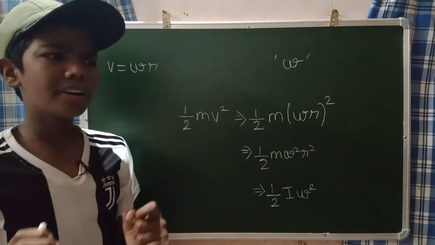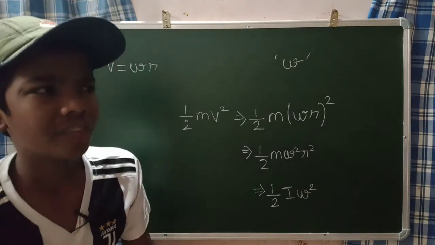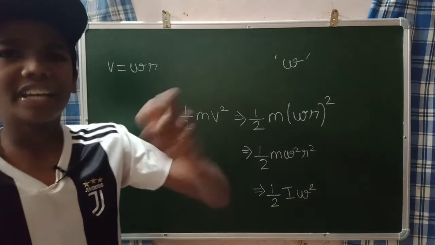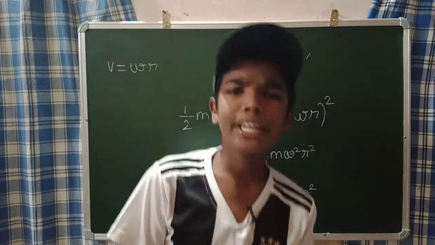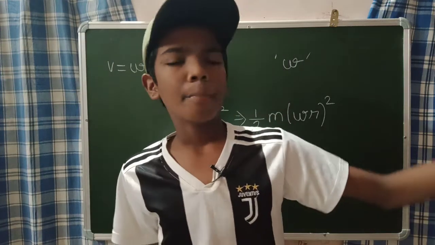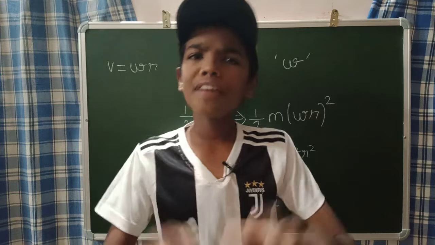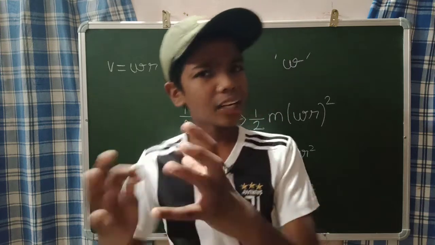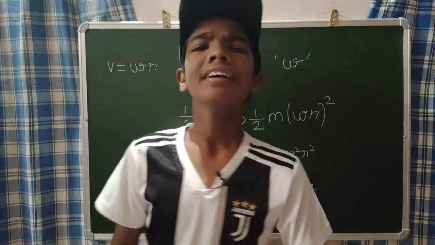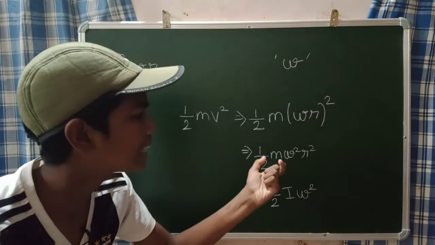Now you know what is moment of inertia, and the moment of inertia of different bodies, like continuous particles, a uniform rod, and even the circular ring, you guys learned. The basic thing is m r square.